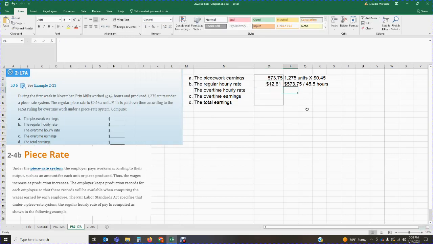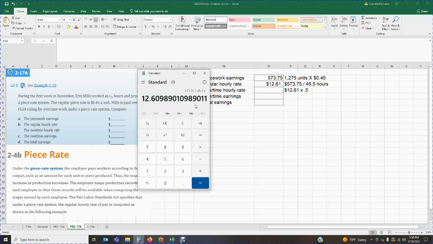The overtime hourly rate, in this particular case, is half. When we're using the piece rate system, it's half of your hourly rate. So we're going to take the 12.61 and multiply it by 0.5. Let's see what we get. 12.61 times 0.5 will give me 6.305.